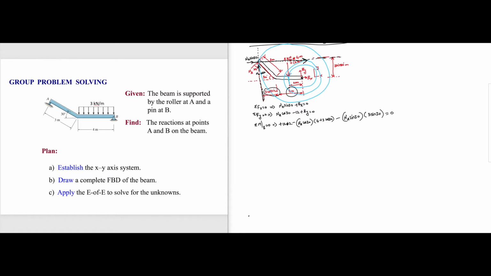So solve for NA. How much would NA be? It implies 24 minus NA times (3 cos 30 plus 4) times cos 30, which is 5.714, minus NA times 3 sin 30 times sin 30, which will be 0.75.